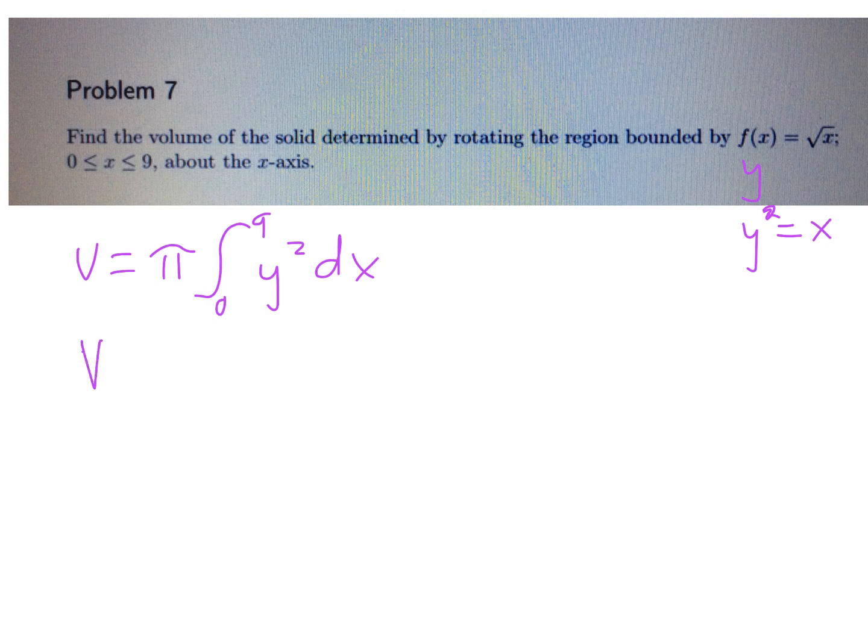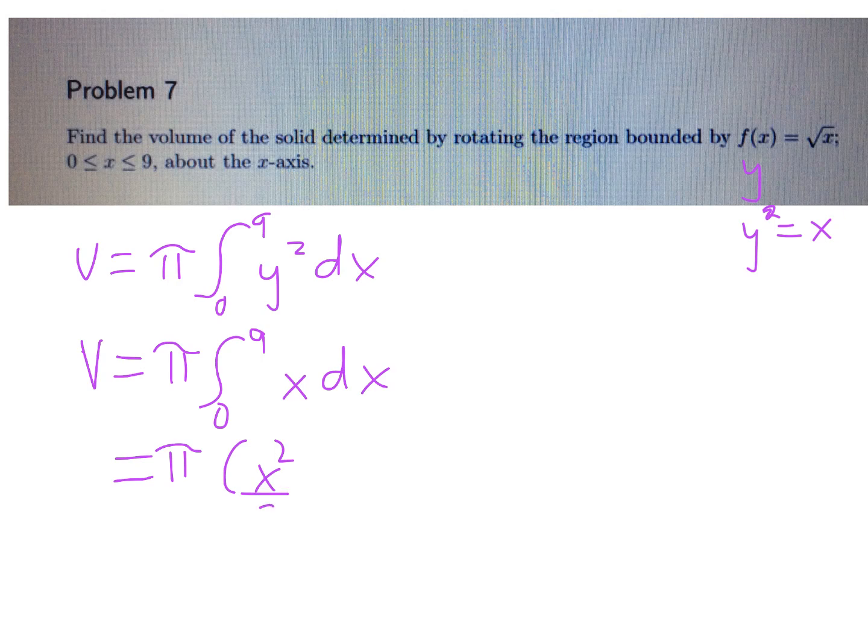What we're actually going to do for the volume here is take pi, and then take the integral over 0 to 9 of x dx, and so that's just pi times x squared over 2. We're going to evaluate that over 0 to 9.